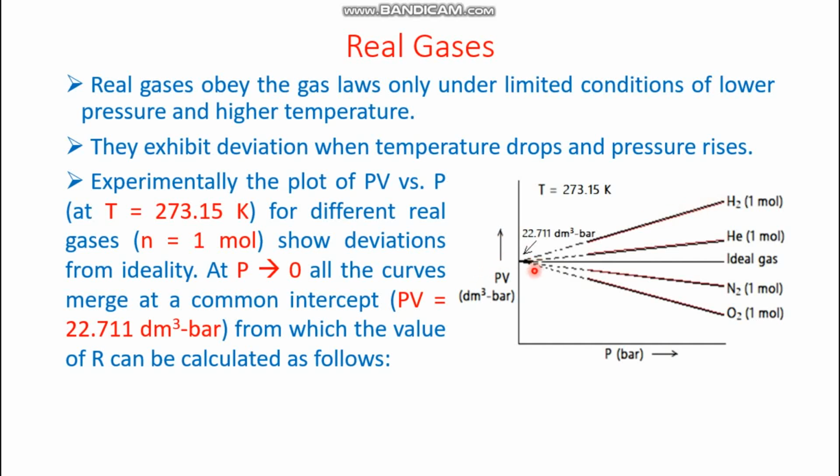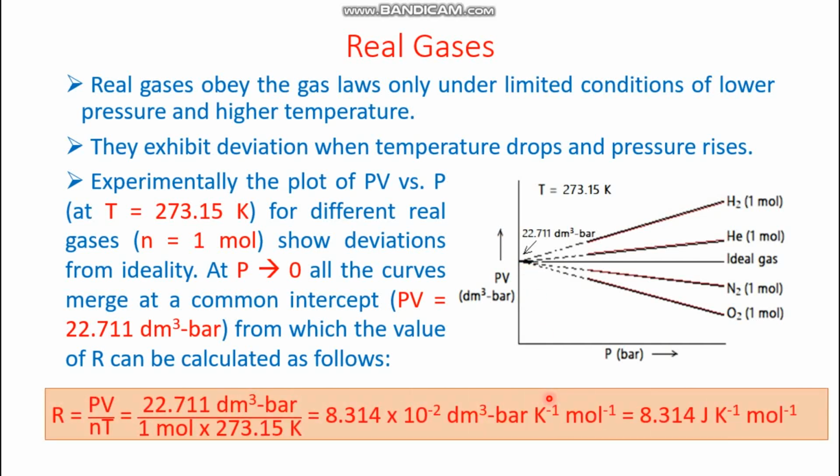They behave like an ideal gas at very low pressure, preferably when pressure tends to 0. In that case, they merge at a common point, and from this the value of R can be obtained. The value of this point is 22.711 decimeter cube bar.